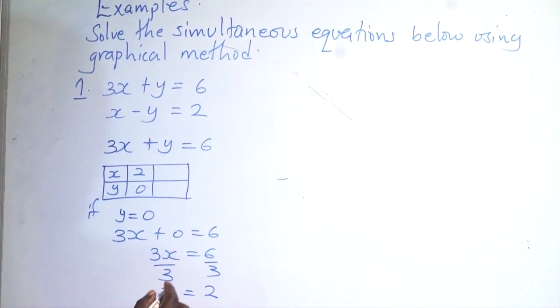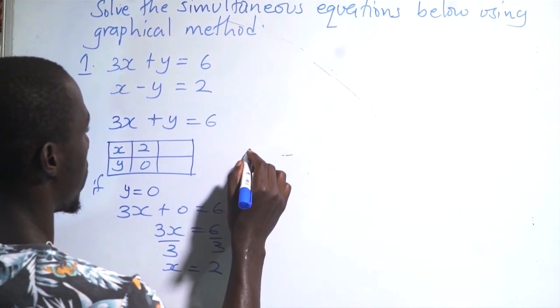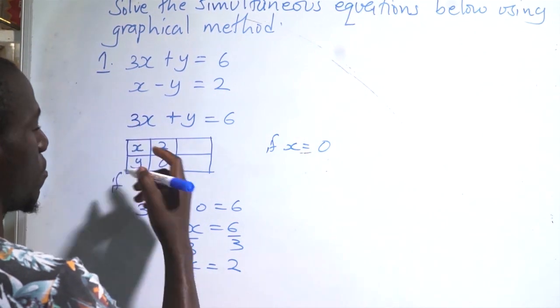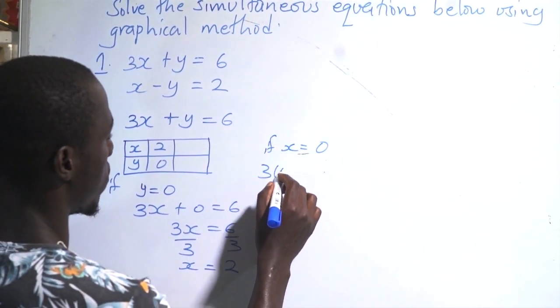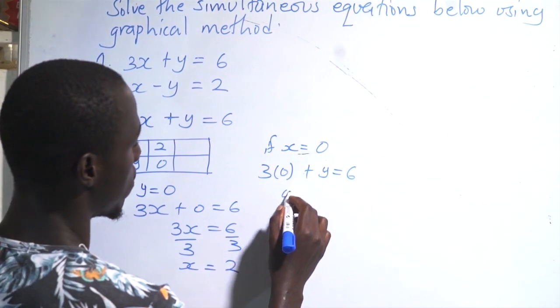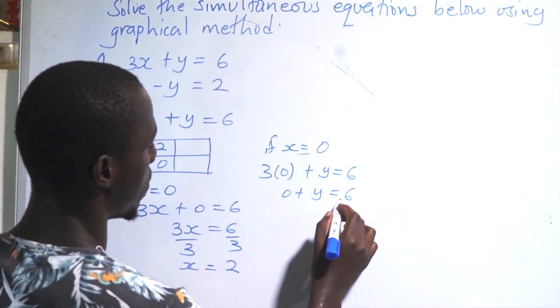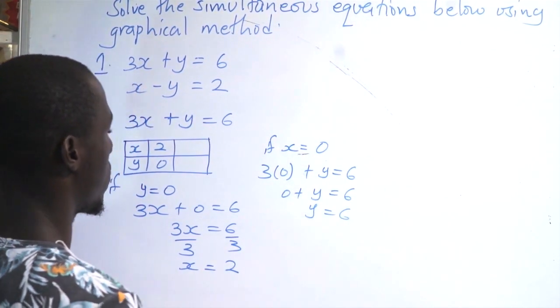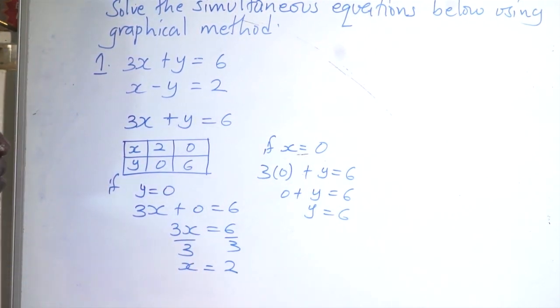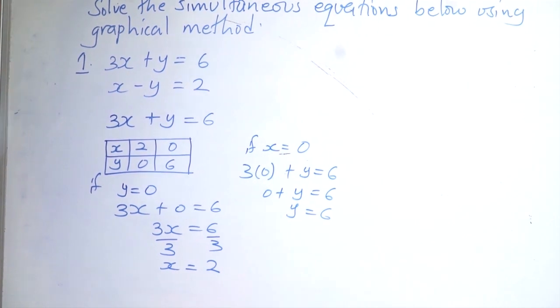Then I also say that if my x is equal to 0, I put there 3 times 0 plus y is equivalent to 6. 0 plus y is 6, y is 6. So when my x is 0, the y is 6.